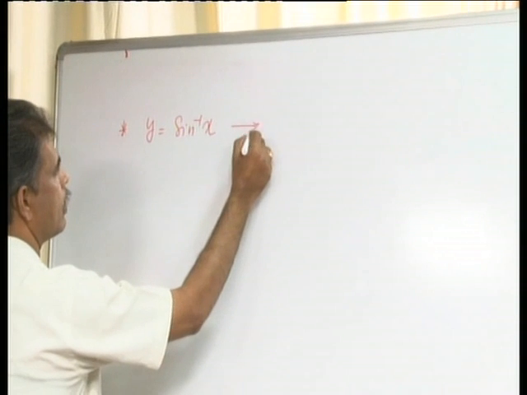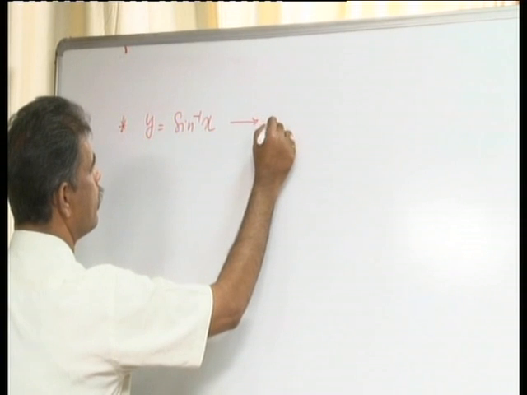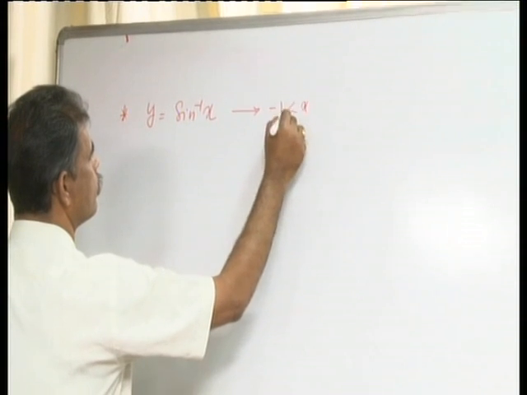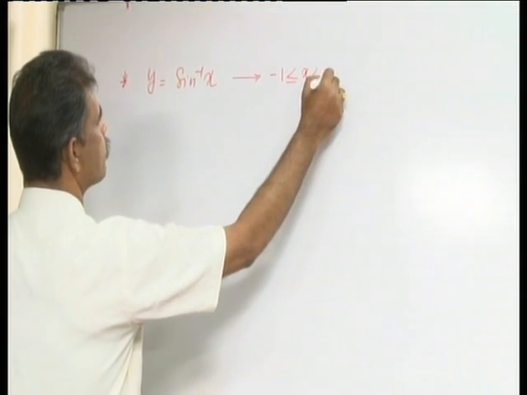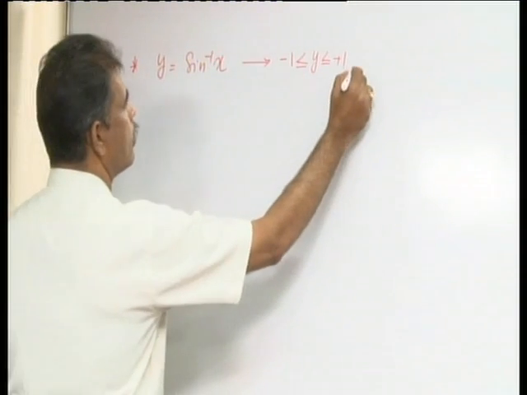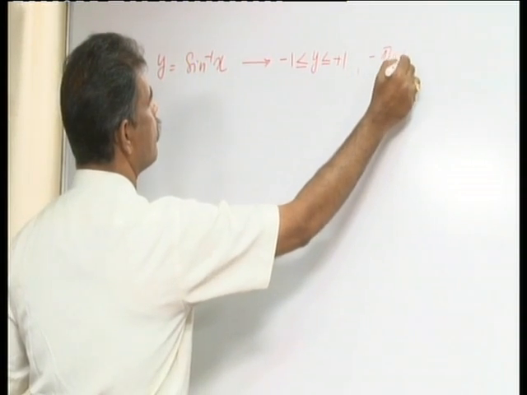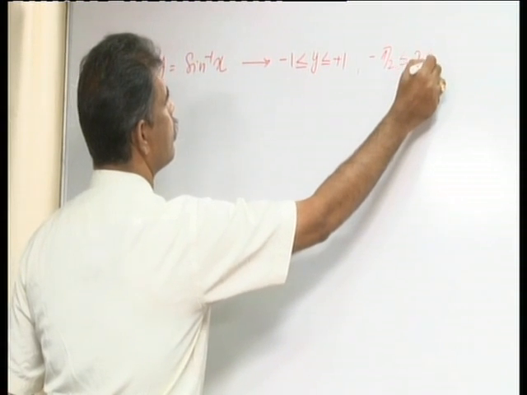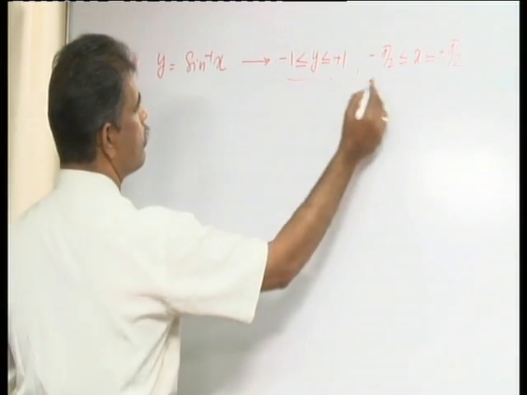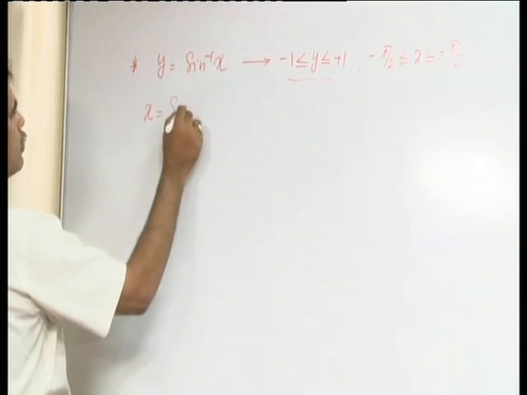It is defined over a domain and range: x varies from minus 1 less than or equal to x less than or equal to plus 1, and the range of y is minus pi by 2 less than or equal to y less than or equal to plus pi by 2. If these two conditions are verified, then we can write x is equal to sin y.